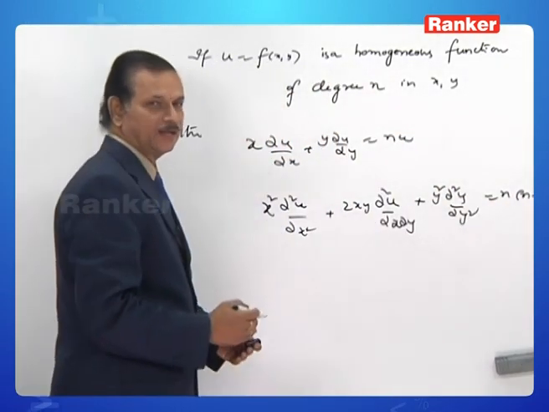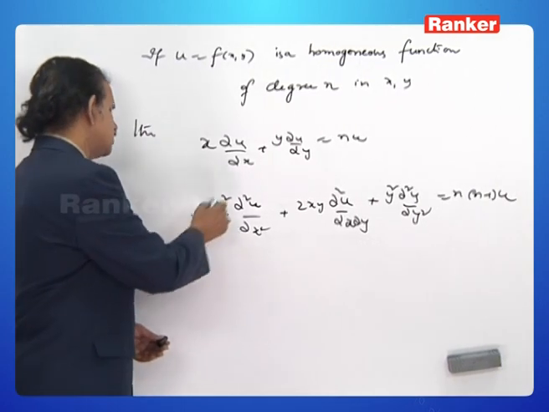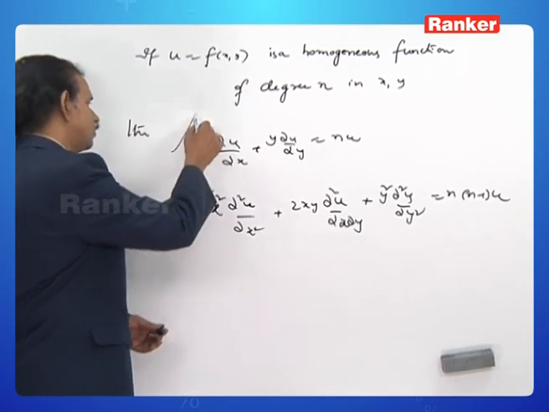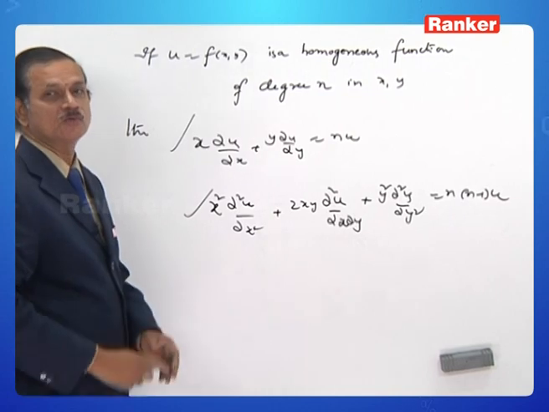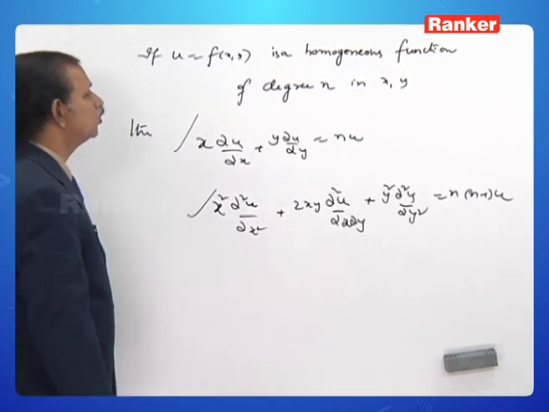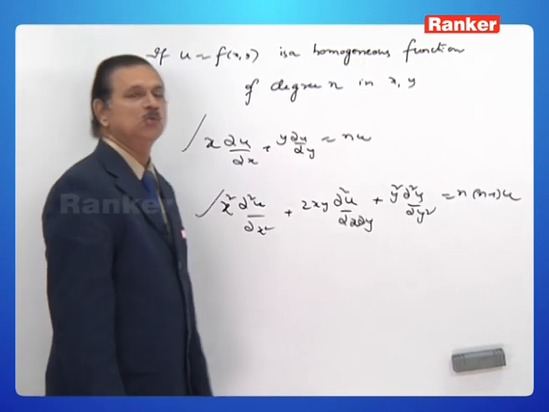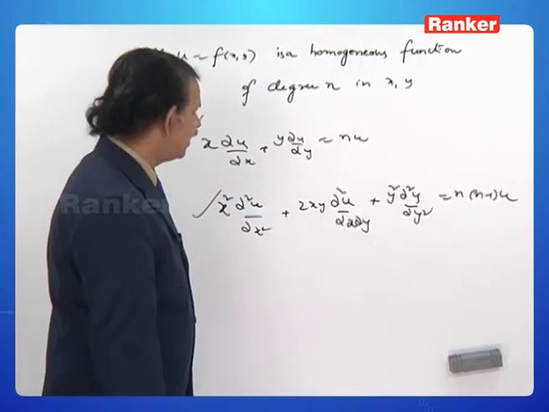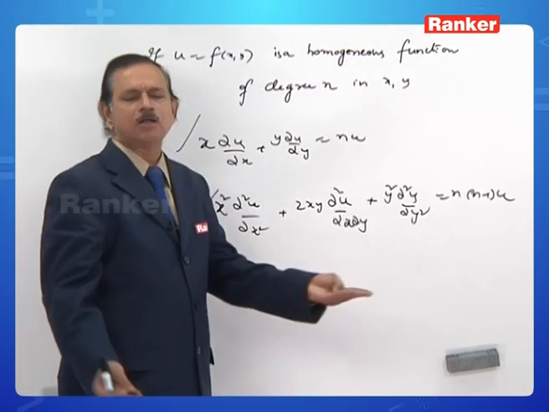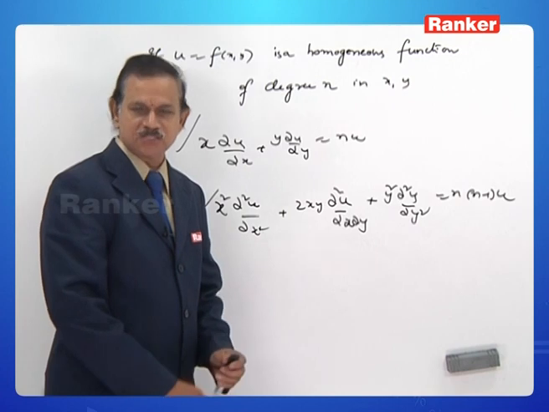This is rarely used, but the first is frequently used. This gives you the essence of Euler's theorem. Let us observe one or two simple applications of this Euler's theorem.